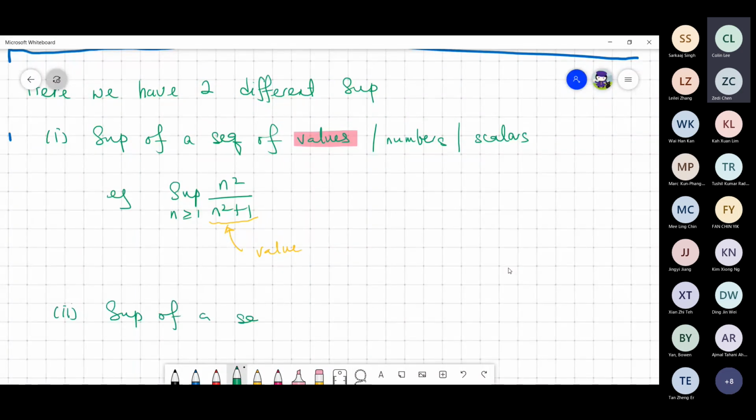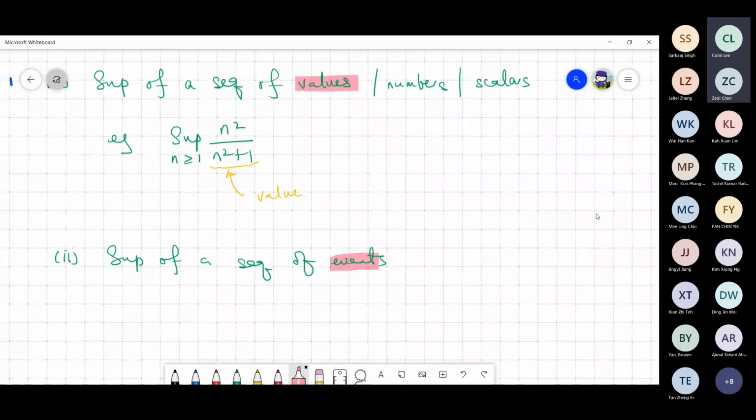Secondly, we also have another idea of supremum: the supremum of a sequence of events. In general it is supposed to be sets, but here we are only interested in events, so we say events. For example, you can take the supremum over n of the interval from 0 to n.